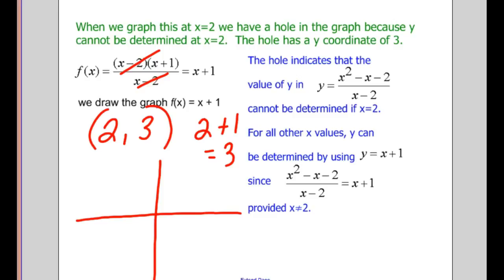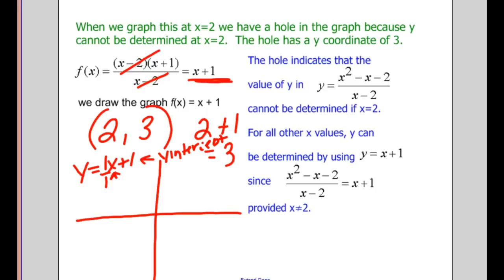If what we're left with is x plus 1, we remember how to graph these because our 1 is our y-intercept, and the values in front of x are our slope. Since we have a 1 in front of our x, we have a rise of 1 and a run of 1.